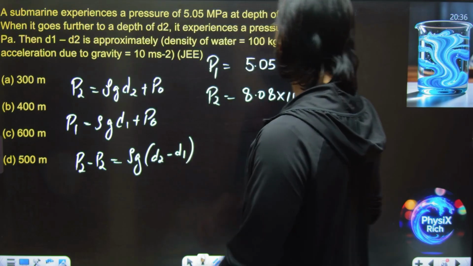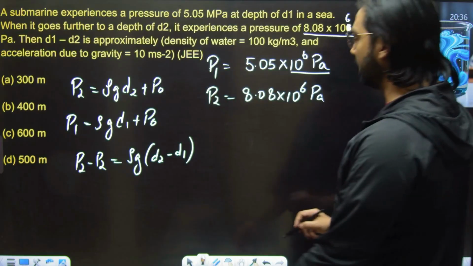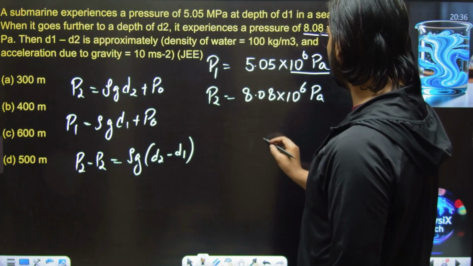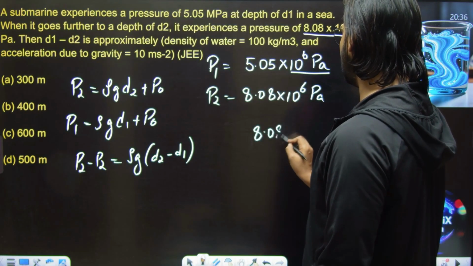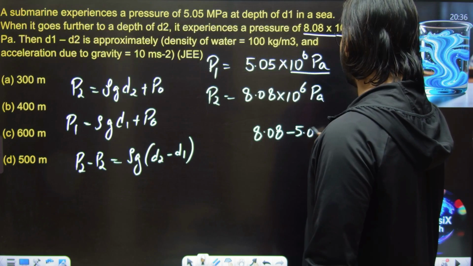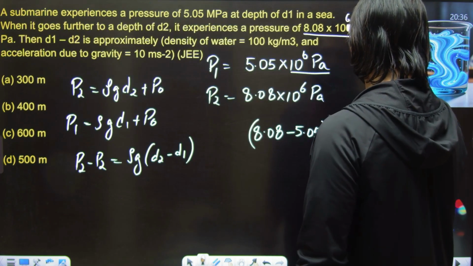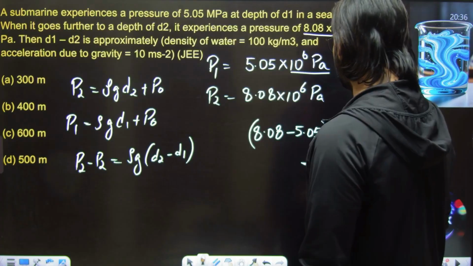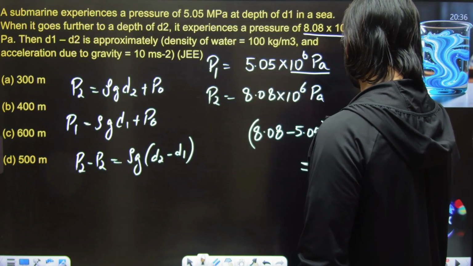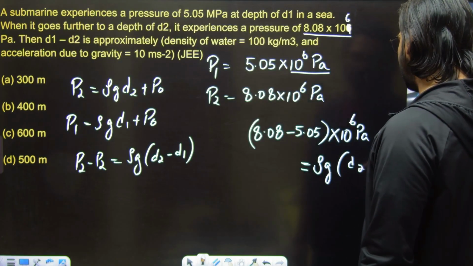All right. So if you subtract these two values, then you will see that this is (8.08 minus 5.05) times 10 to the power 6 Pascal, which becomes equal to rho g (D2 minus D1).